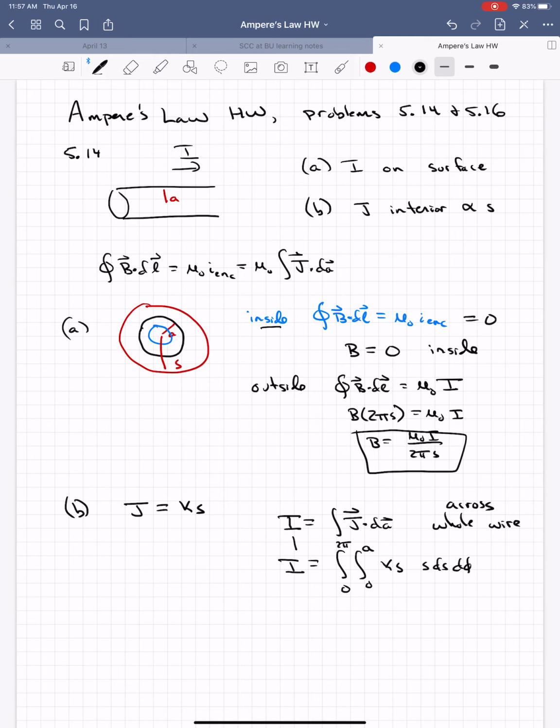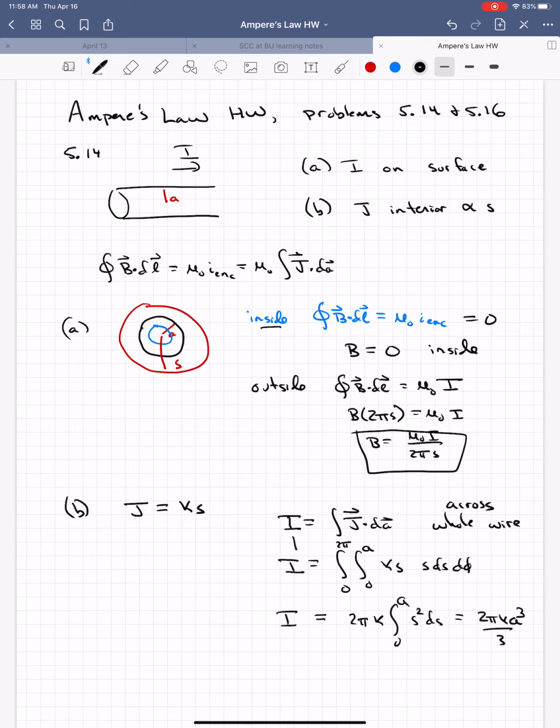Now what I'm going to do is I'm going to do this integral, and so when I do the phi integral, I get a 2 pi, and the K comes out front, and I integrate S squared ds from 0 to A, and so I get 2 pi K A cubed over 3, so that's equal to the current.